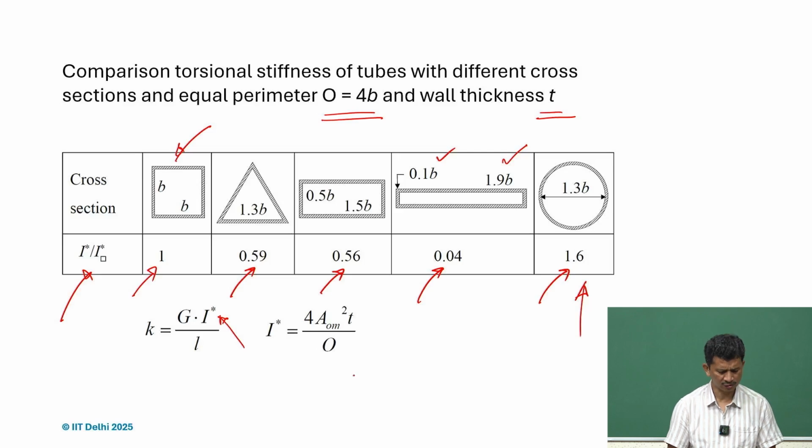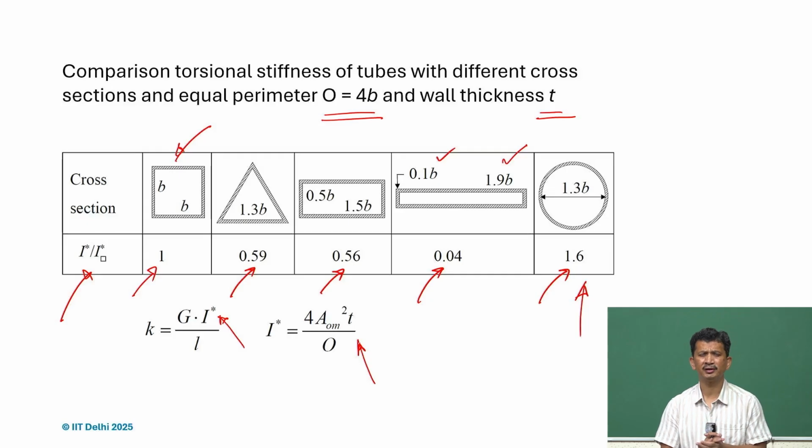If it's not circular, then it will be different, and there are some general formulations we can always refer to in the text. So, again, for high stiffness in torsion, it's better to use thin circular tubes, and that will give us the best result in terms of stiffness.